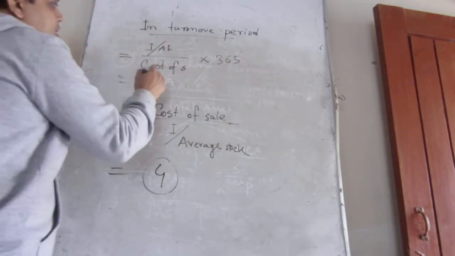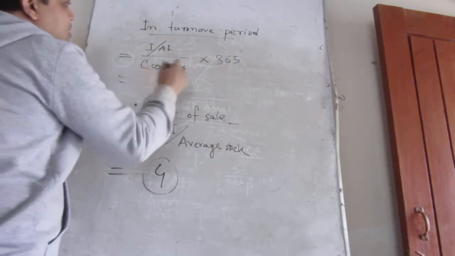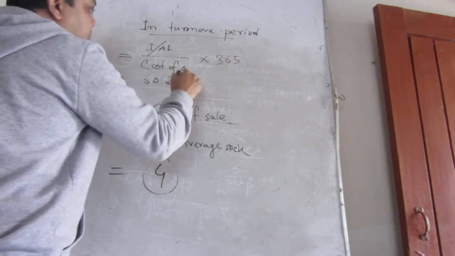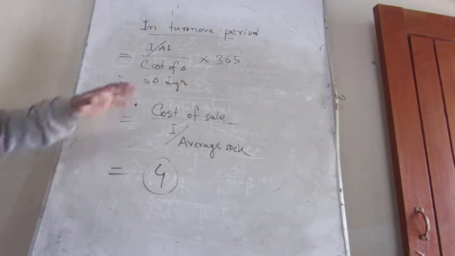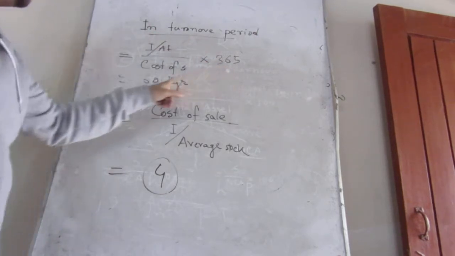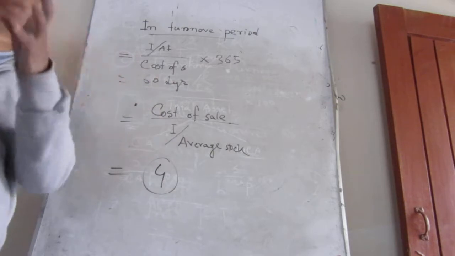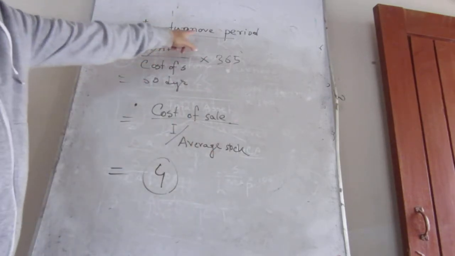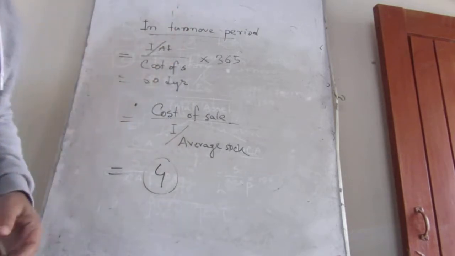Suppose the thing is, it is 60 days. As you are multiplying this proportion by 365, it will provide you a number of days. What is the name of the ratio? Inventory turnover period.